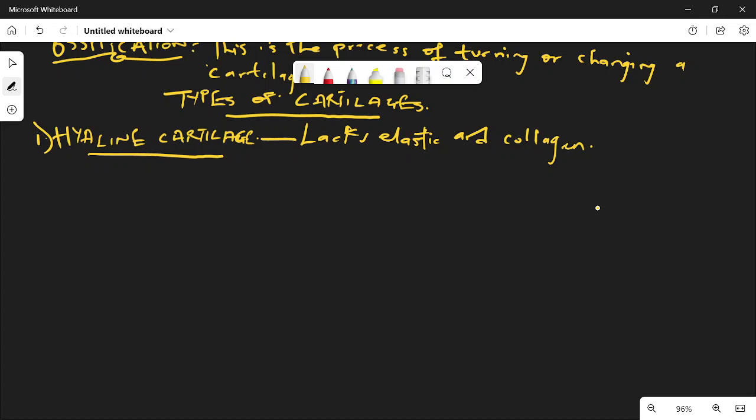It prevents bone from being worn out when they move over each other as joints.